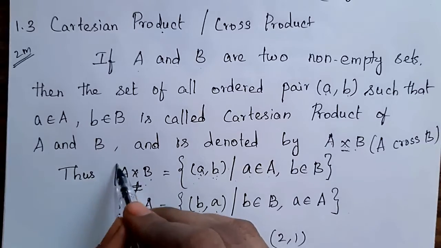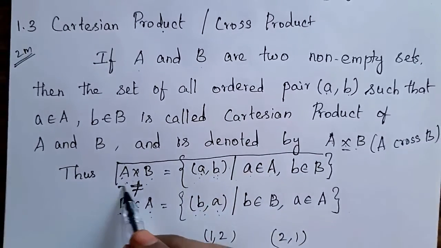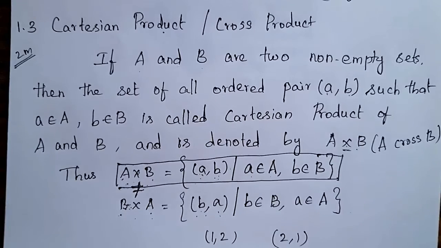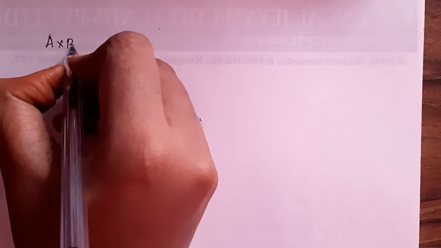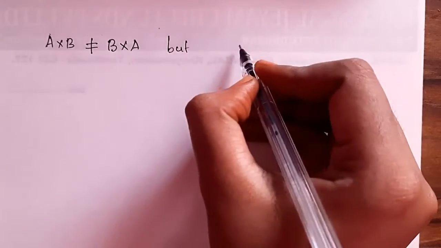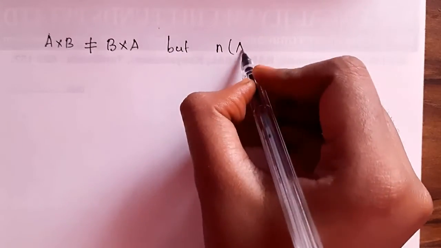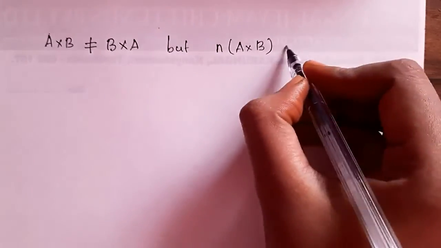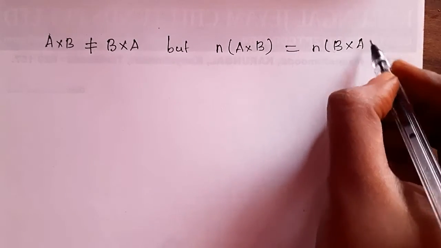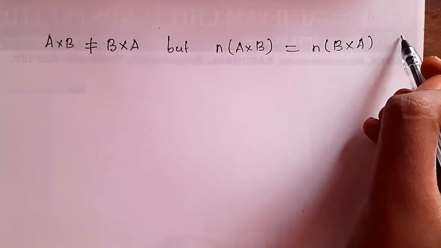So your Cartesian product definition is this, up to this. You have to learn it. A cross B is not equal to B cross A. But the number of elements in A cross B is the same as the number of elements in B cross A. We will prove that in the coming example.